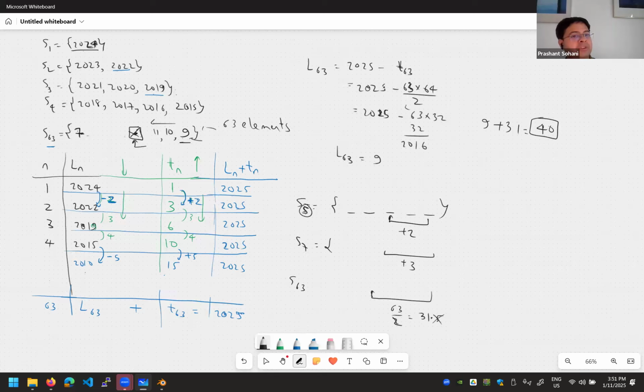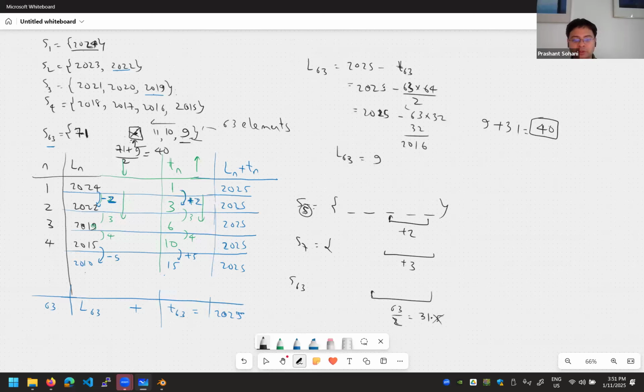In that way, we have a 63 element set. The distance between the first and the last element is not 63, but it is actually 62. So the first element is 9 plus 62, which is 71. And then the middle term will be the average of 71 and 9. So again, I'll get the answer as 40. So yeah, both methods are valid.